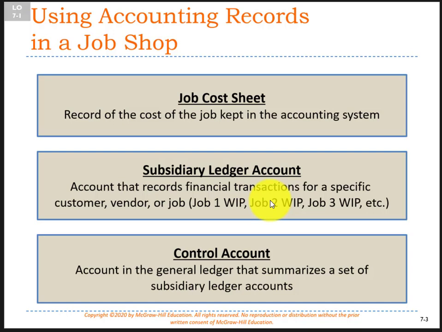If I wanted to know how much work we have done on job 1, 2, and 3, and add that together to see if that's how much is on my balance sheet for work in process, that would be a subsidiary ledger.